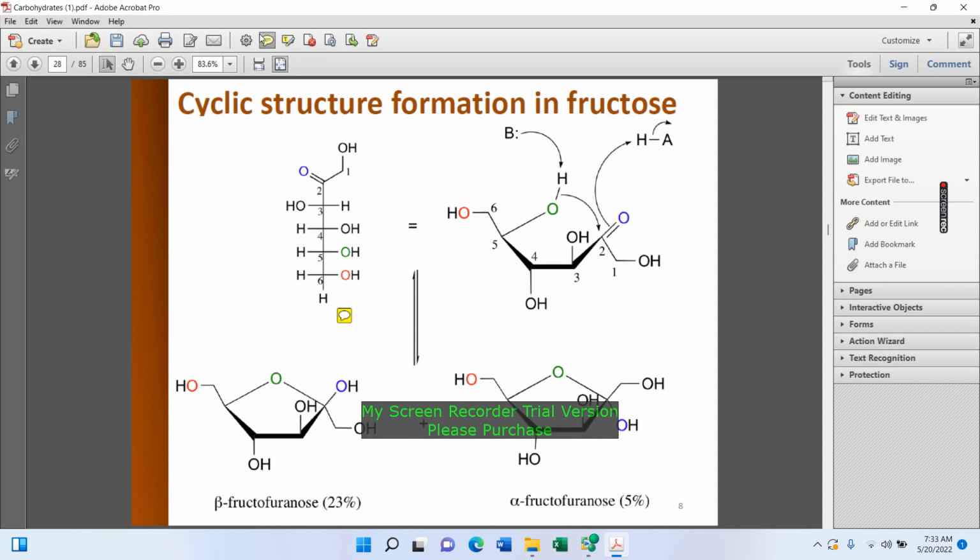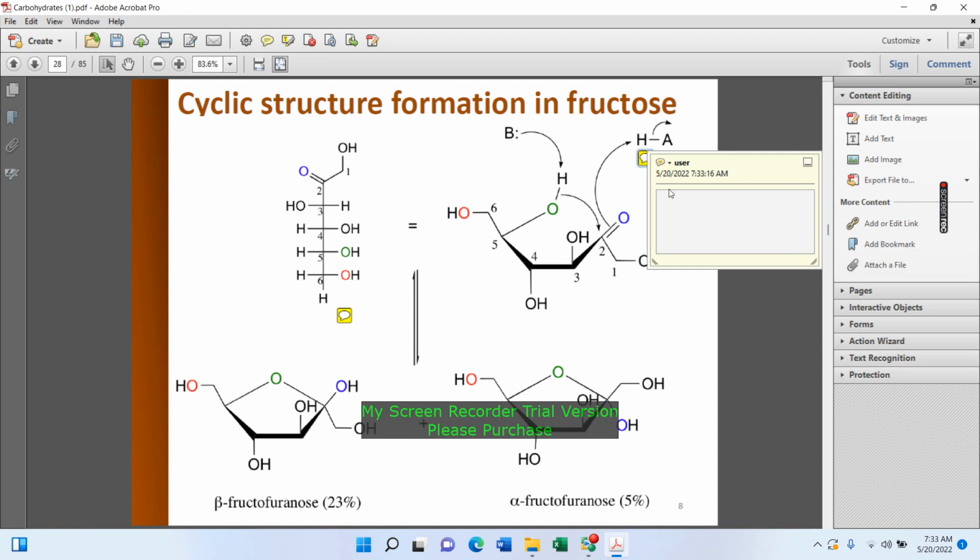HA usually describes an acid, like a poor acid, and then that H plus will be taken to this oxygen, so this OH will be there. Then a bond will be formed with this oxygen and carbon, and then this hydrogen will be taken by B. So HB is eventually formed here, right?